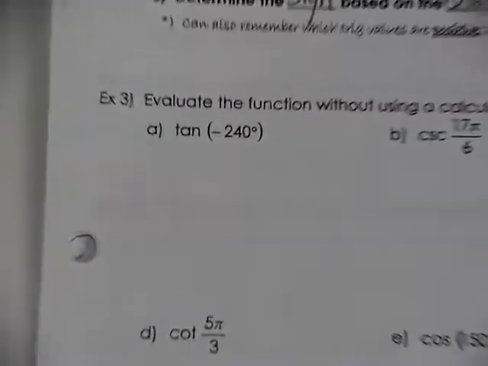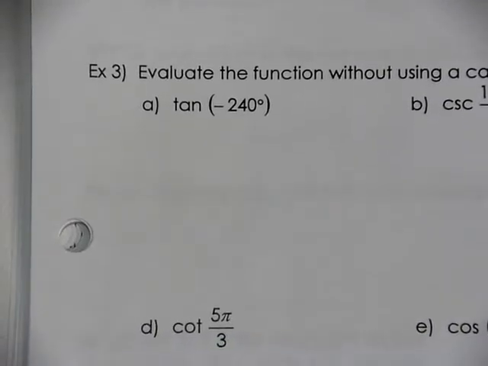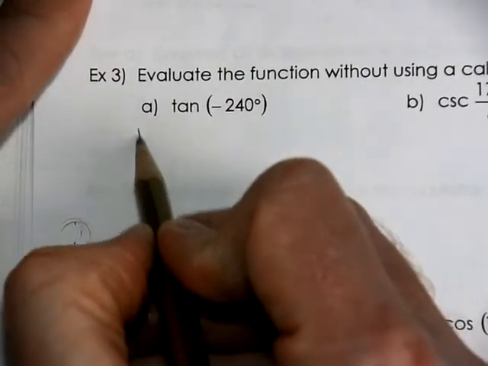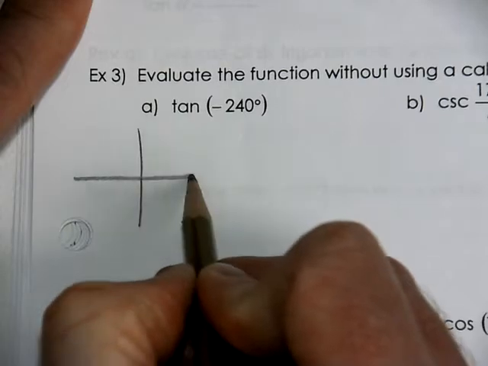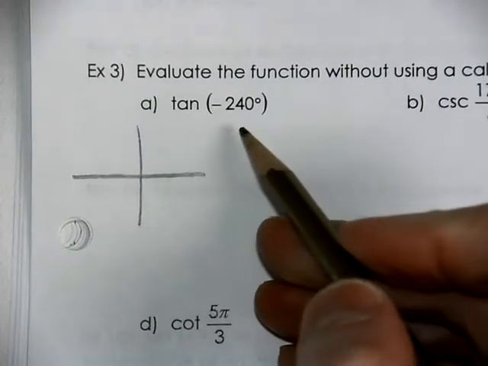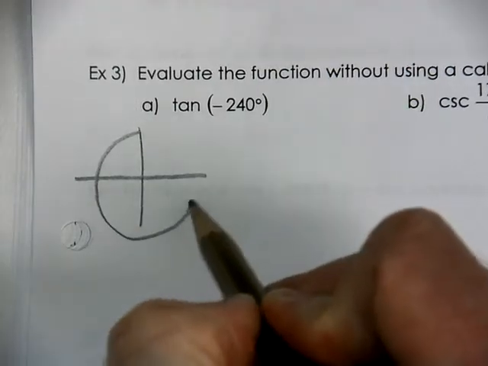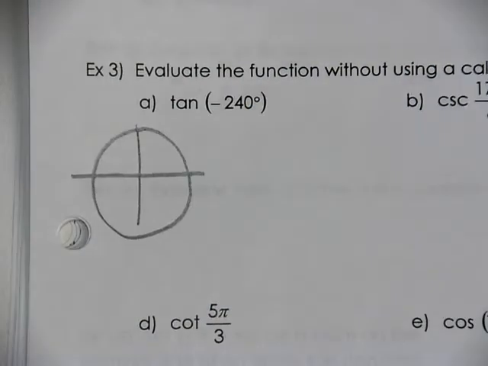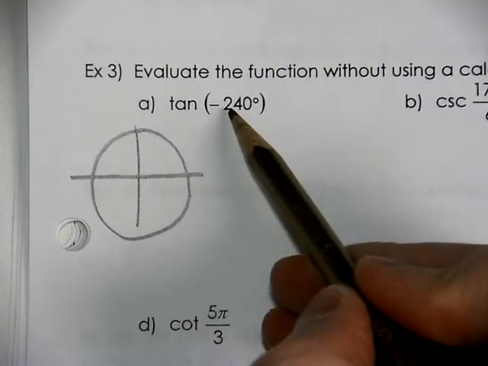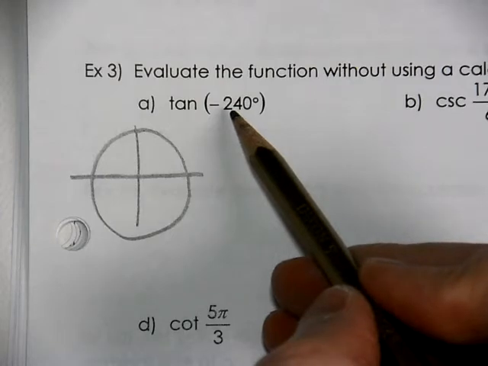What I would suggest is to first think or identify where your theta would go. So I guess you could call that what quadrant you would land in. This is negative 240 degrees.